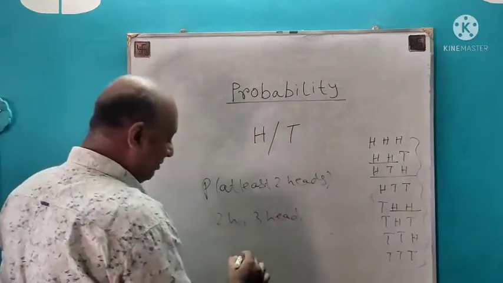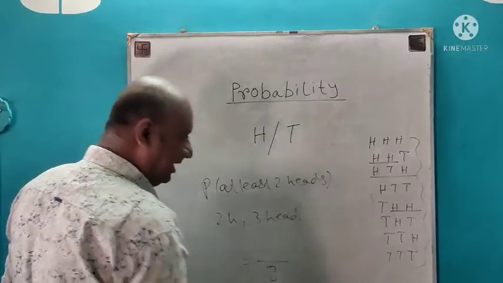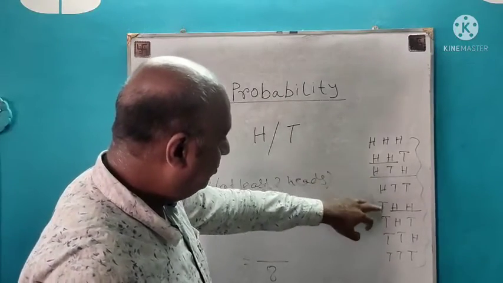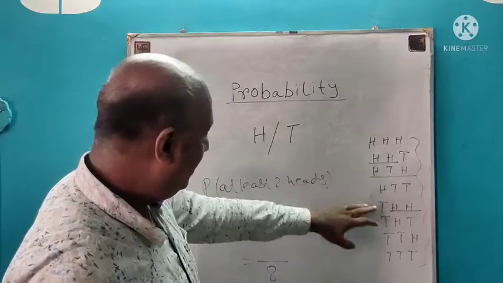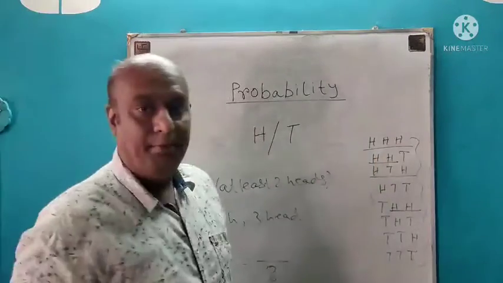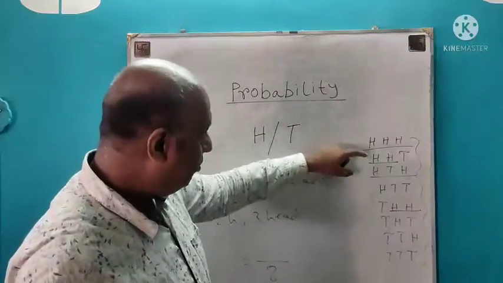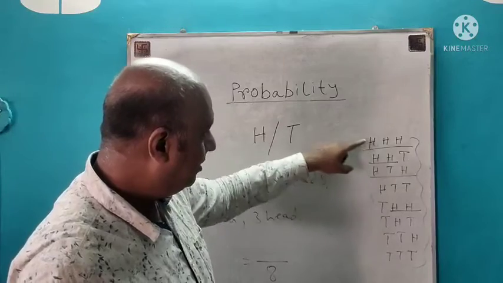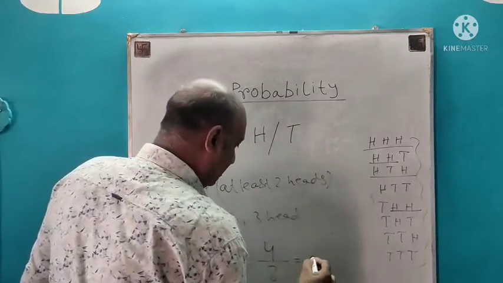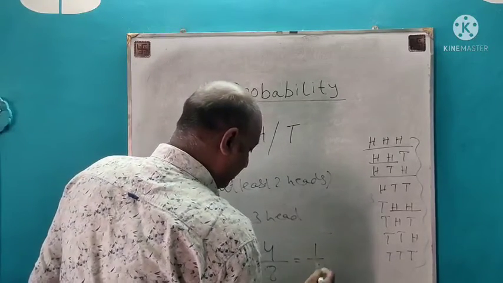By the formula of probability, let's count. The total possible outcomes are 8. Now let's count. We have 1, 2, 3 different ways where we can get 2 heads, and there is one way we are getting more than 2 heads, that is 3 heads. So we have 1, 2, 3 and 4. 4 by 8. So the probability becomes 1 by 2.